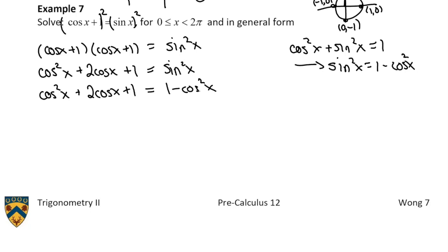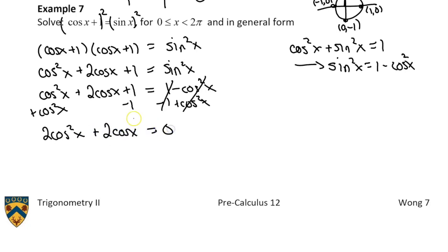We could bring everything onto the left side. So we could add a cos squared x and add a cos squared x and subtract 1. And then based off of that, we get 2 cos squared x plus 2 cos x equals 0. We factor out a 2 cos x, and we're left with cos x plus 1.